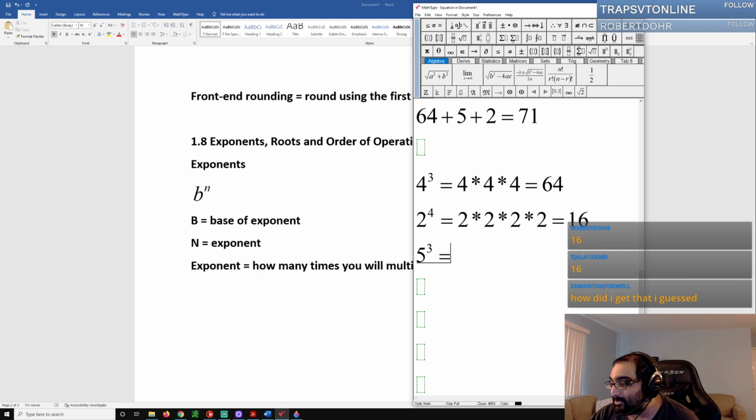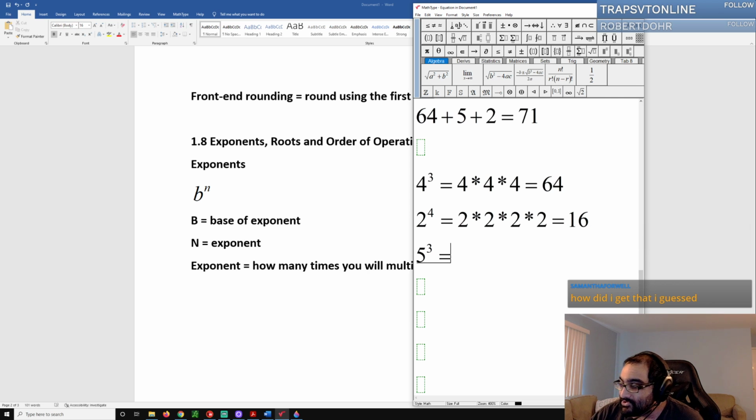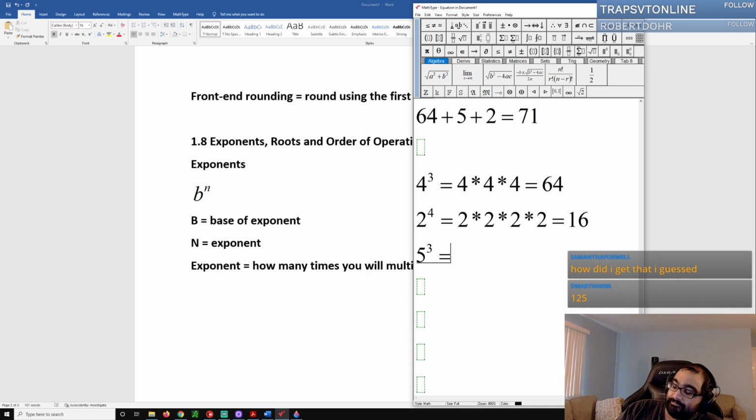5 to the 3rd power. Can anybody tell me what that would equal? 125. All right, so 5 times 5 times 5.